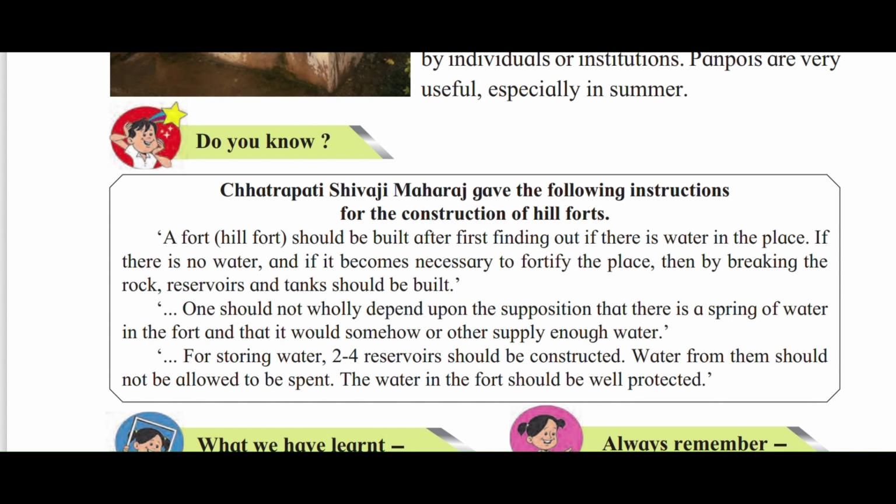One should not wholly depend upon the supposition that there is a spring of water in a fort and that it would somehow supply enough water. For storing water, 2 to 4 reservoirs should be constructed. Water from them should not be allowed to be wasted. The water in a fort should be well protected.